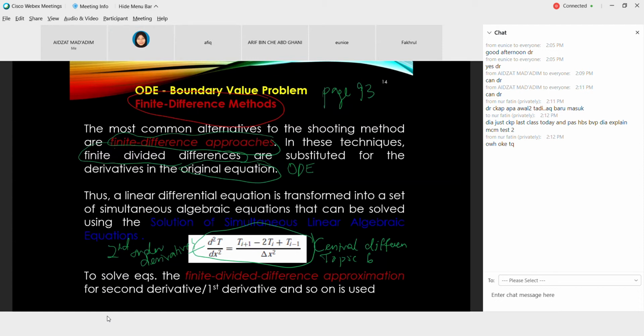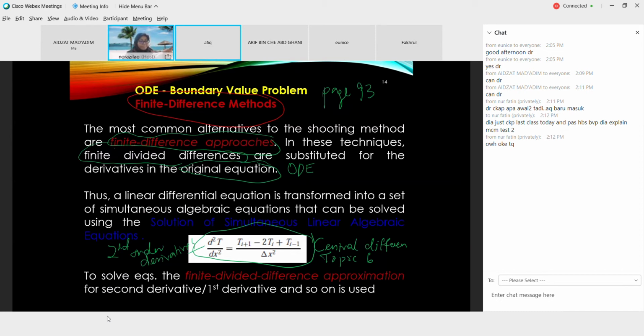If the question gives you a first order derivative, which one do we need to use? Arif? Afiq? Yes, Doktor. Okay, Afiq. If the question gives first order, where do we need to use the formula?